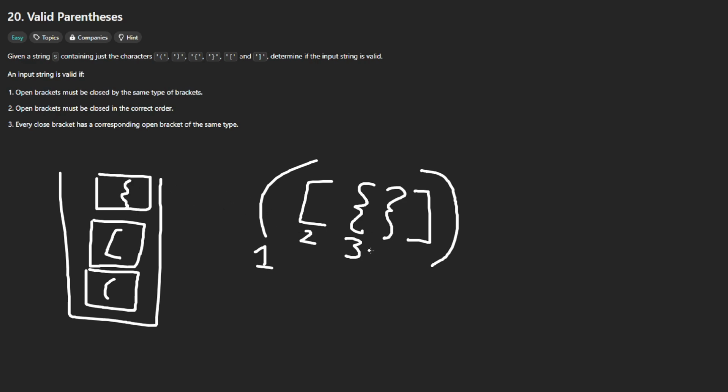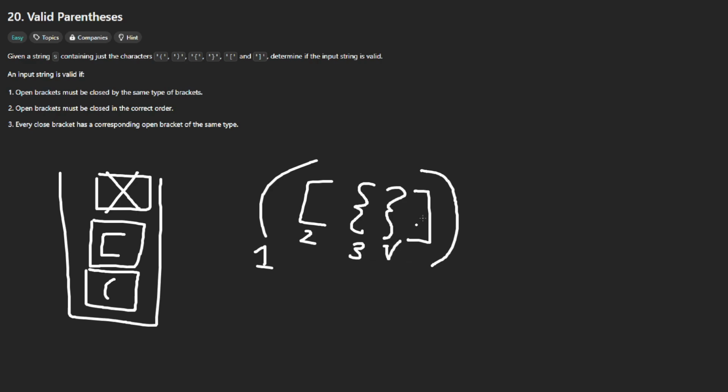And then what we would look to do is compare this to our first item in our stack. If this equals the first item, we'll get rid of this item in our stack. So we'll essentially pop our stack. We'll take this one out. So this number 3 is matched.